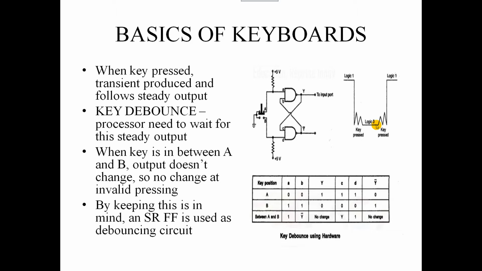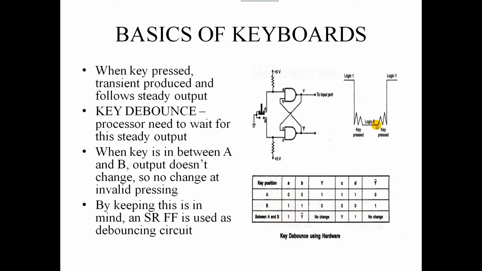What it means is that the processor needs to wait for the steady state upon pressing of the key, which can be done by waiting for some time. That waiting can be modeled either in hardware or in software.